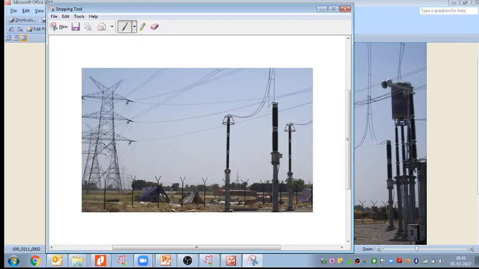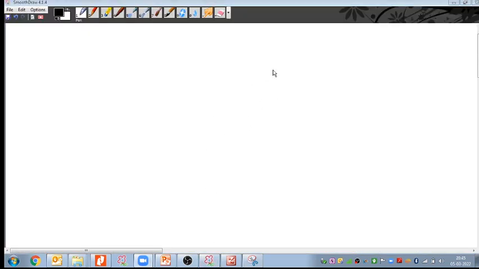We are discussing the capacitive voltage transformer, and overall the type of transformer, the instrument transformer, because this comes under the instrument transformer. The transformer we can divide into three parts, as we already know.